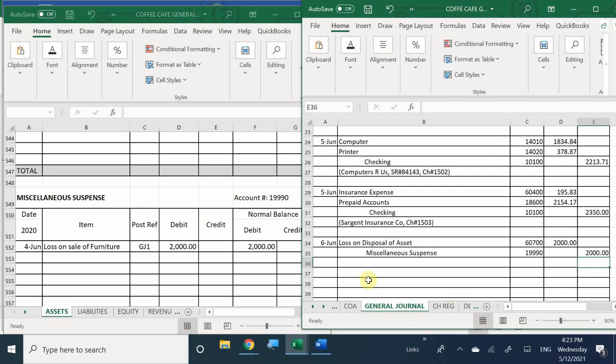Once again, this one is pretty straightforward. You could go ahead and just write here that you're just going to move from the miscellaneous account to the loss to new account, whatever you want to say.